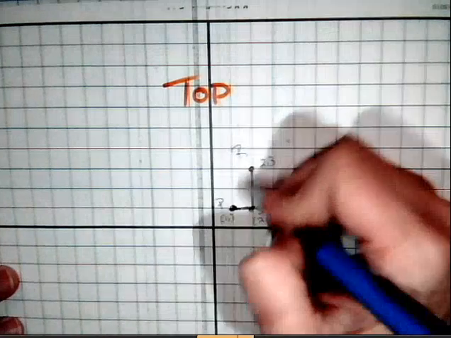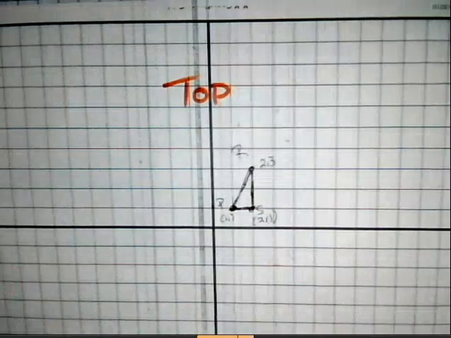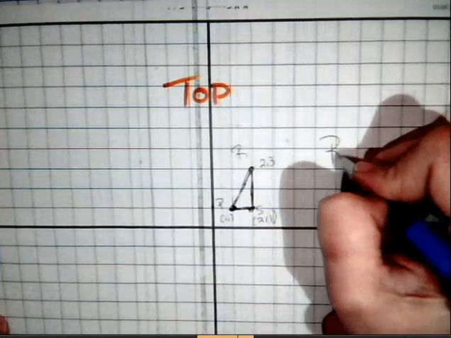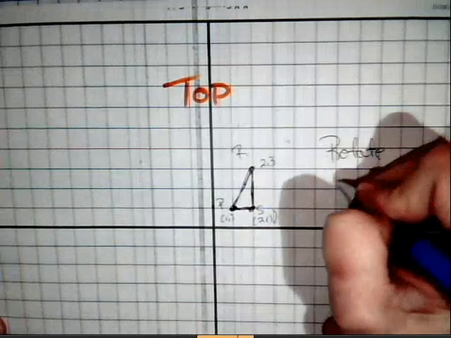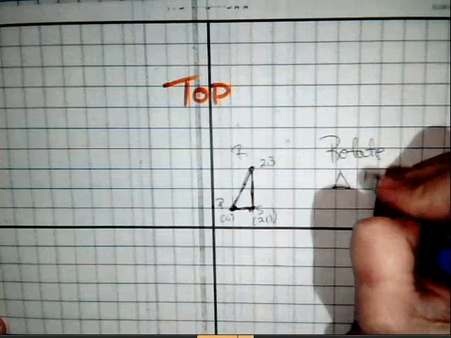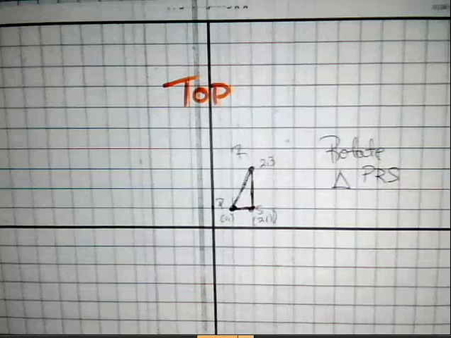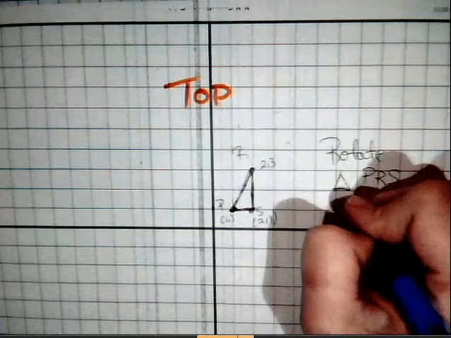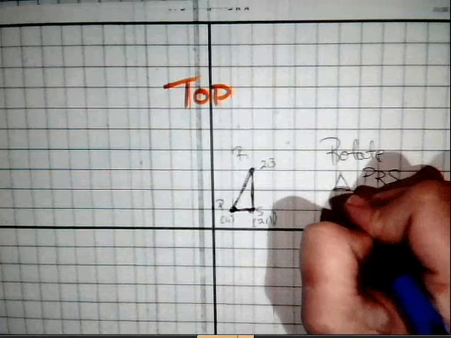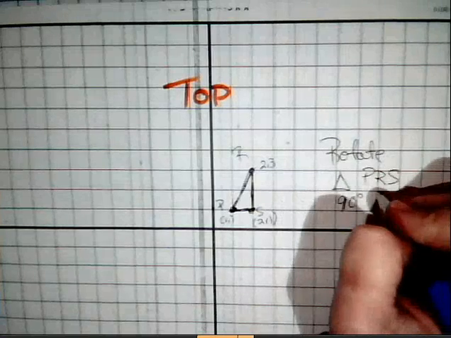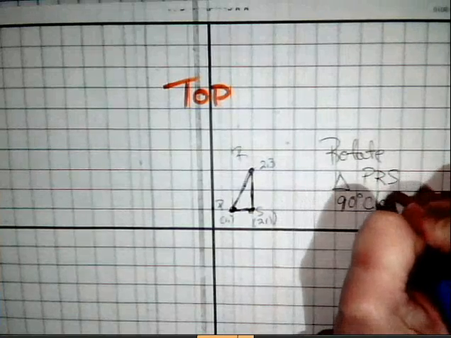Now I'm going to take my triangle PRS and I'm going to rotate it 90 degrees clockwise.